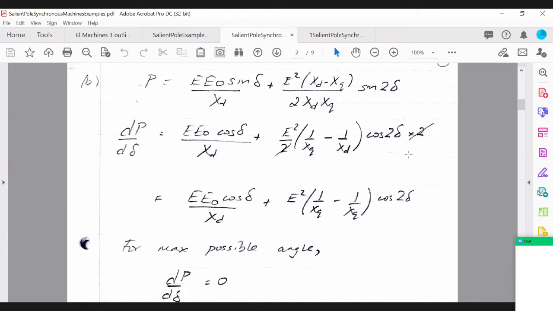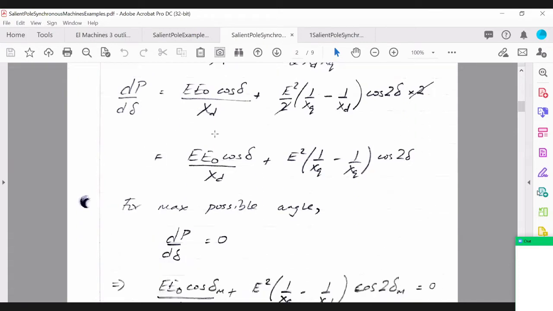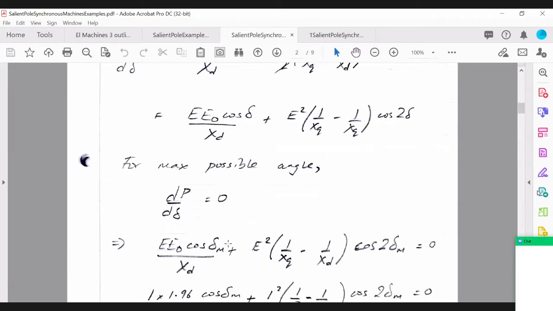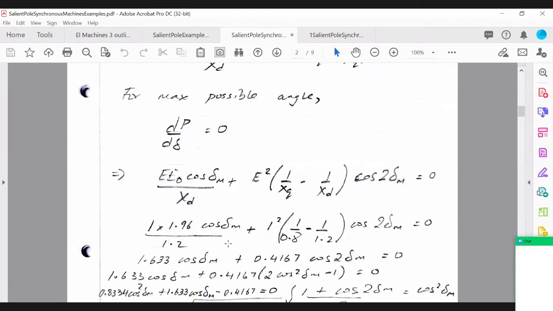And you end up with this equation, right? For you to determine the maximum possible angle, you equate dP/d delta to 0, and you solve for delta to get the maximum angle.